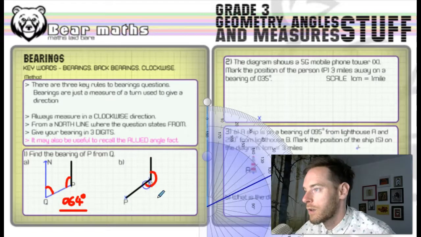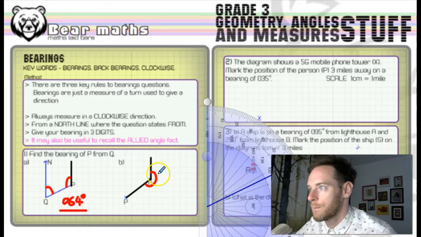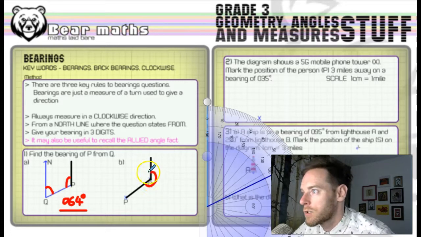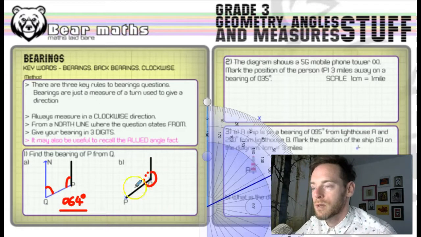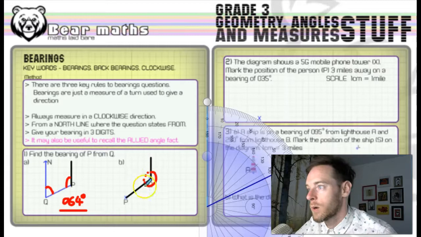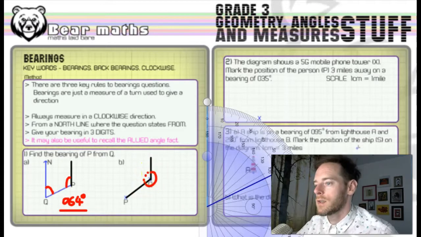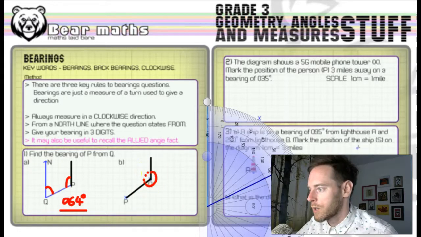This is one of those back bearings questions, and what I would do is measure the anti-clockwise measurement and then take it away from 360, because I know angles around a point equal 360. I think it's the easiest way to do that question.